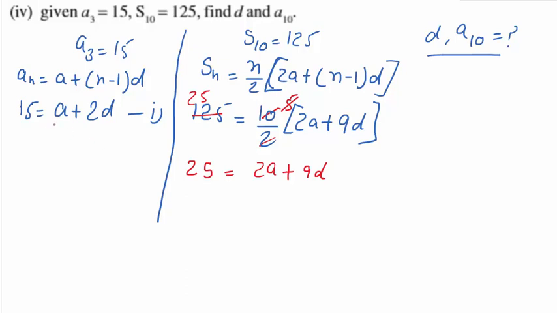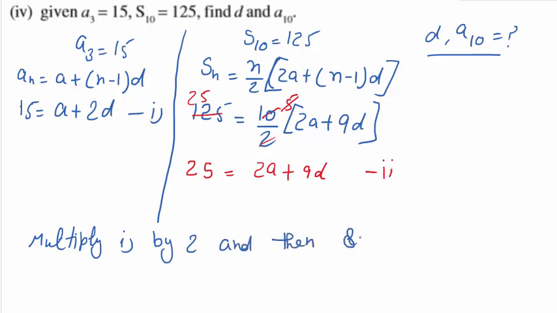Now solve these two equations. This is the second equation. Multiply the first equation by 2 and subtract it from the second.